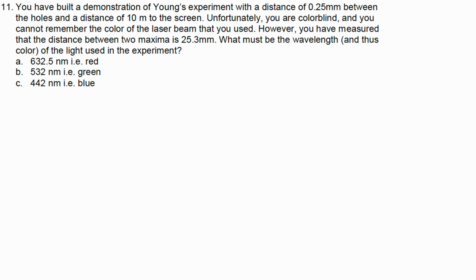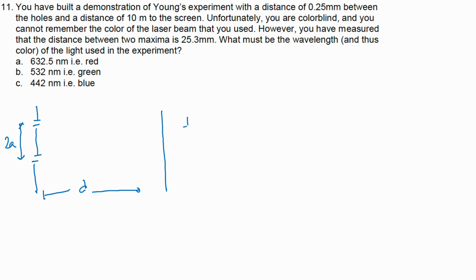Alright, so question number 11, I think it's a fun question. They say that we are building the Young experiment, so we have our 2 pinholes or 2 slits separated by a distance 2a, and then we are far away observing the interference fringes.